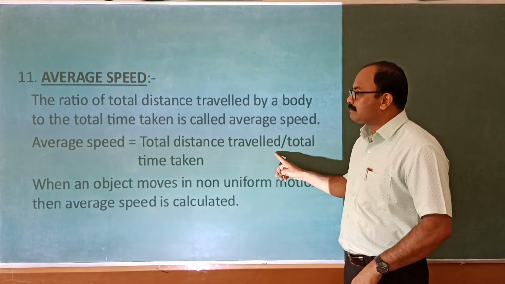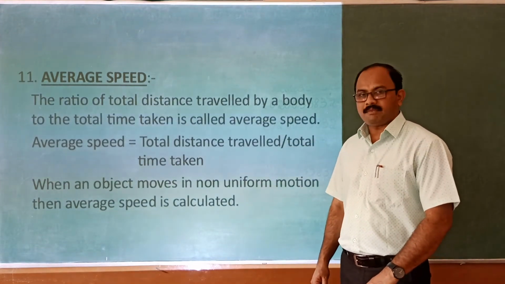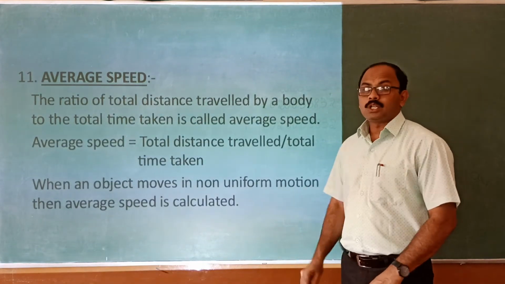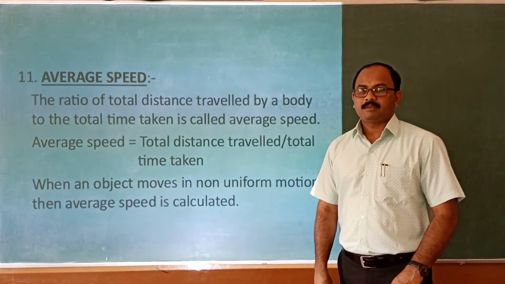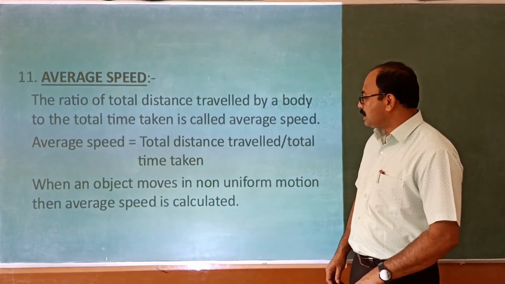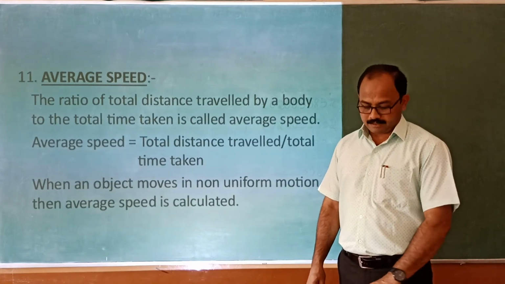It can be calculated mathematically. Average speed is equal to total distance traveled, it may be 500 kilometers, divided by total time taken, 8 hours. Therefore, 100 kilometers per hour. When an object moves in non-uniform motion, then average speed is calculated.